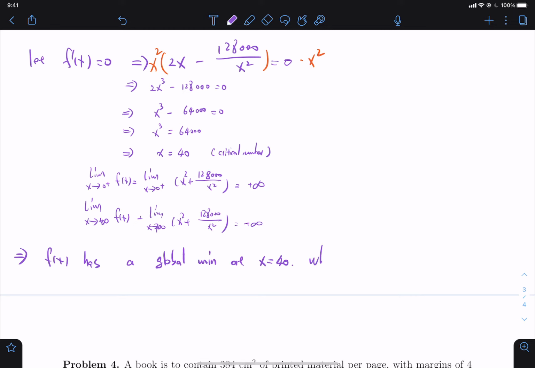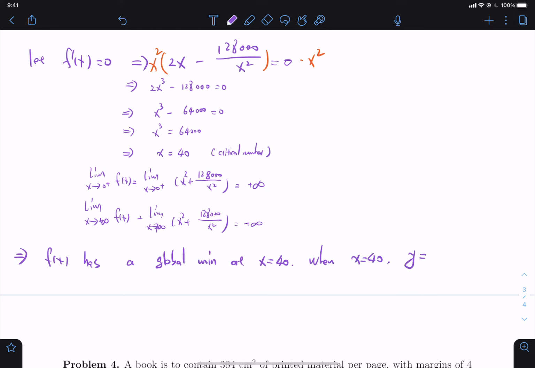And we also know that when x equal to 40, y is equal to 32,000 divided by x squared. That is from the beginning here, right? Divided by 40 squared, that is equal to 20.